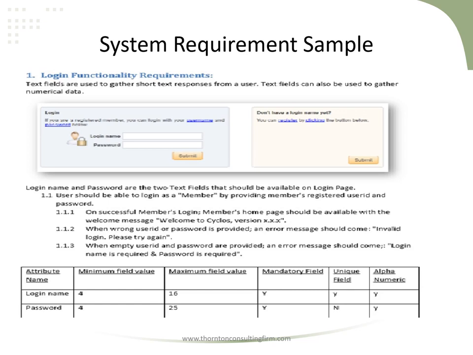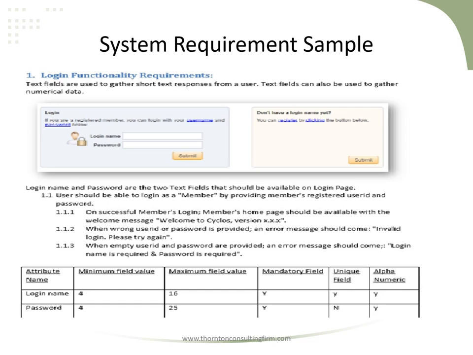Also in this example, we have some attributes for each field. So take, for example, the login name field. It states in this requirement that the minimum value that should be entered for this field is 4. The maximum value is 16. It is a mandatory field.